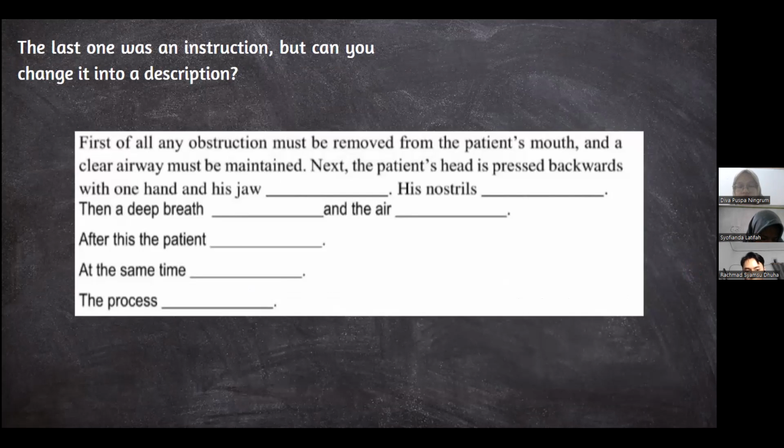So basically, both are almost the same, and we can use them for the same thing, but instructions have points. For example, number 1, number 2, number 3. But a description, you can just make into a paragraph. Okay. Next, please.